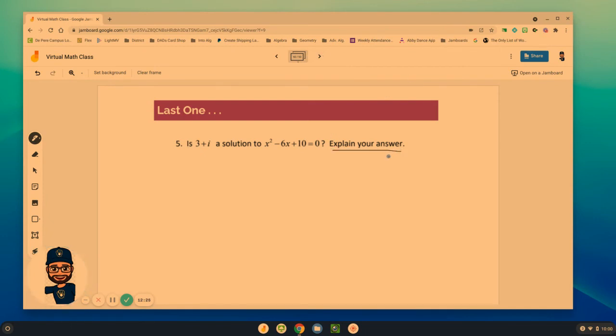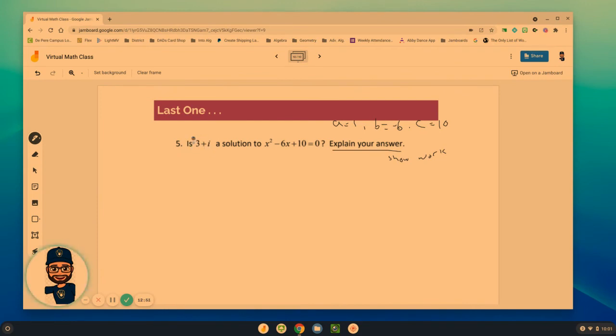Basically, this means to show your work. Now, we could definitely go to the quadratic formula, since we know that a is 1, we know b is negative 6, and we know that c is 10. So we could plug that in and see if we come up with this as an answer somehow.